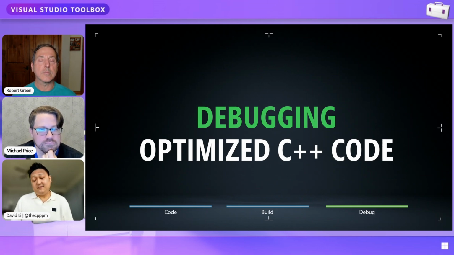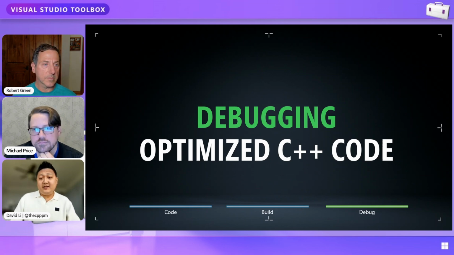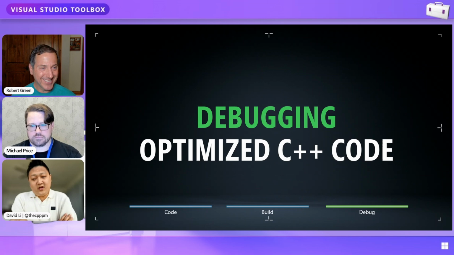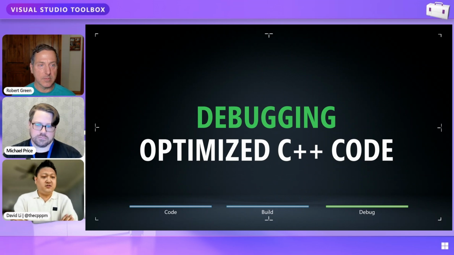debugging optimized C++ code. This is a feature that we've been working on a long time, and we actually covered this in a completely separate episode. Yep, link that in the show notes, but let's just review it. Yeah, we heard a lot of feedback about the difficulties around dealing with optimized builds when you're debugging.